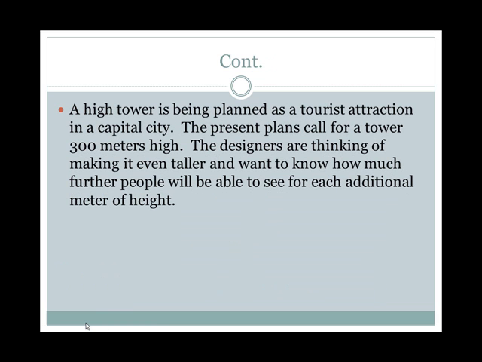So if I know that the change in distance with respect to height is 1.785 over the square root of h, and my current height is 300 meters high, or I'm building a tower that's 300 meters, and they want to know what my increase would be.